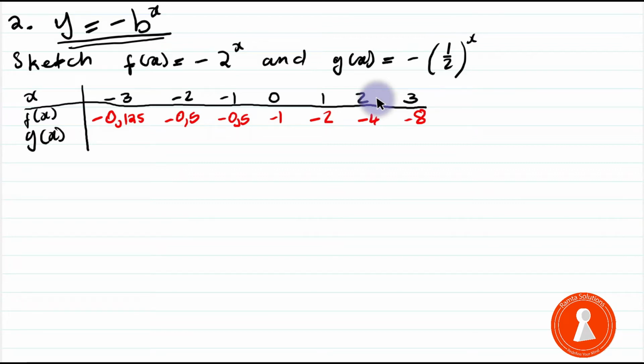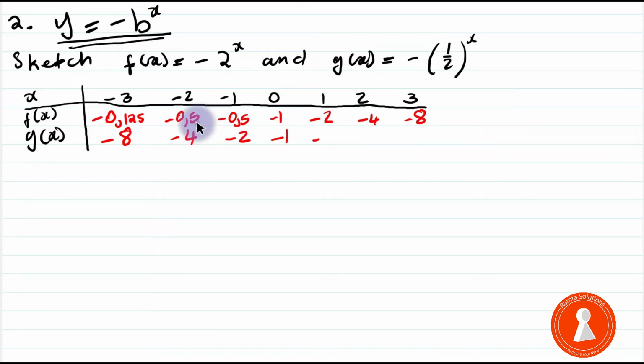Now we look at half to the 2 to the minus 3. I think we said it was 8, but because of the negative, it'll be negative 8. It'll be negative 4, negative 2, negative 1.